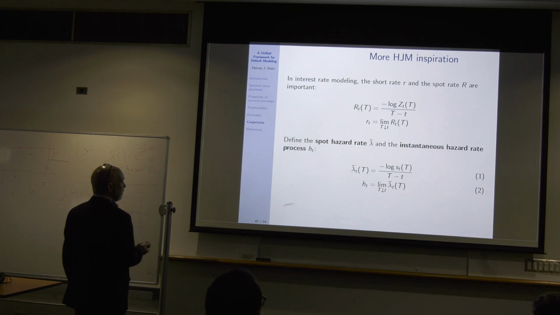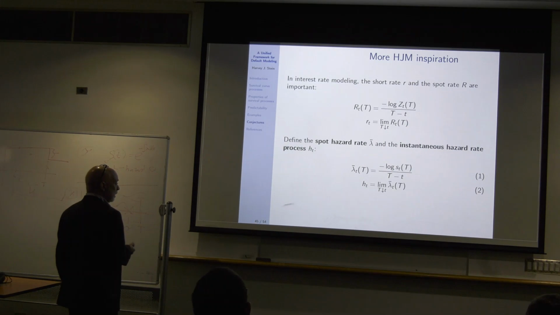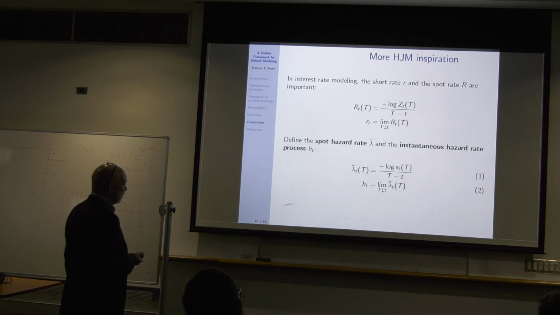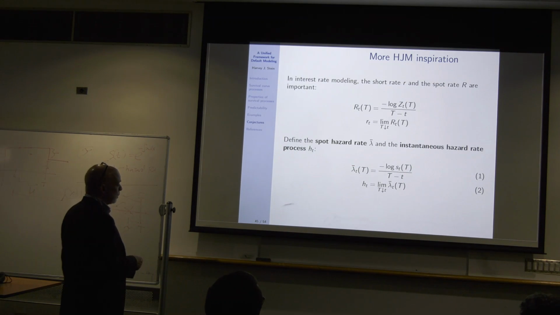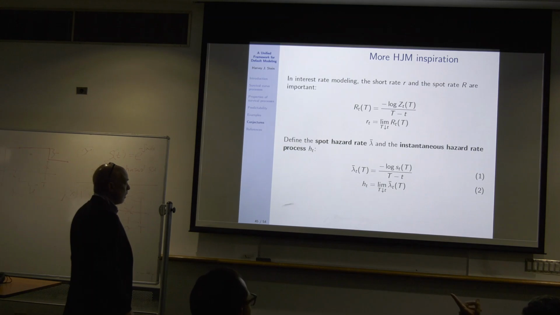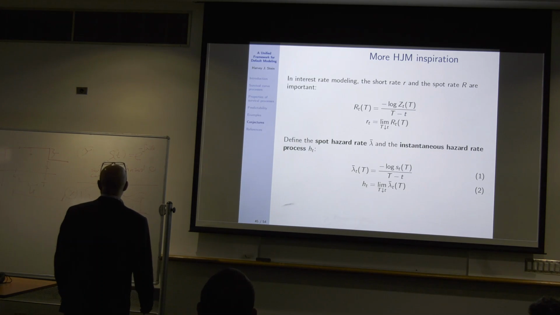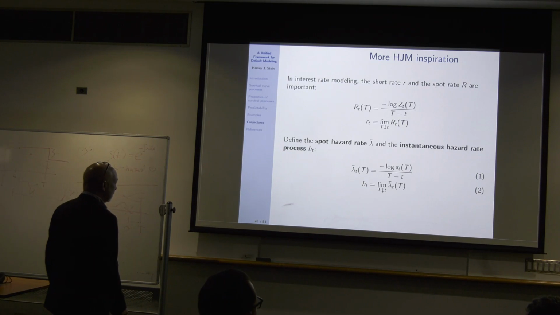We can do the same for default modeling. Take the limit of the survival probability, call that the spot hazard rate. Take the limit as cap T goes to little t of the spot hazard rate to find out to be h sub little t. Yeah, that's what I was saying up there in the top right corner. When you started, if you solve that equation for lambda, you'll get this equation 1.